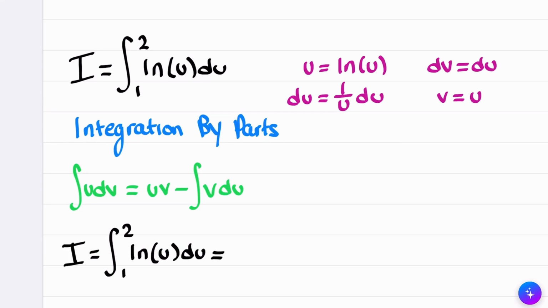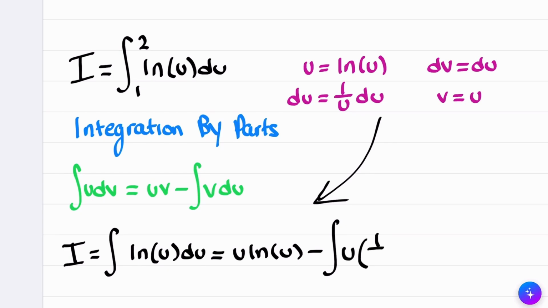And what's that equal to? Well, it equals u times v minus the integral of v du. u times v is u times the natural log of u. I'm just pulling from up here now. Minus, and I'm actually going to remove bounds just so we can get what the actual antiderivative is, because I think it's fun to see what it is. Minus the integral of v du, which just happens to be u times 1 over u times du.